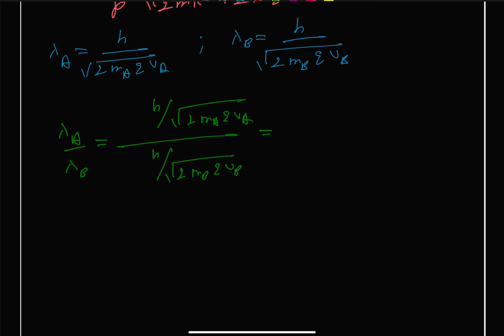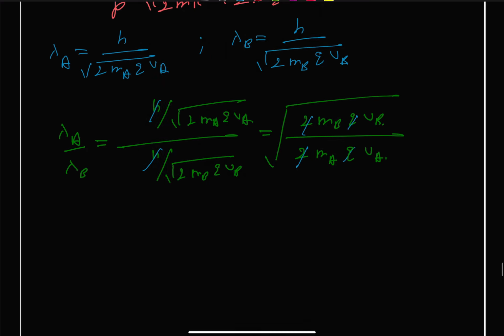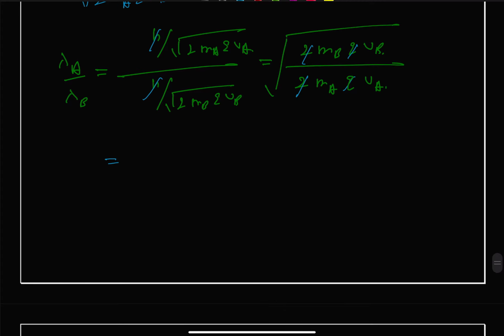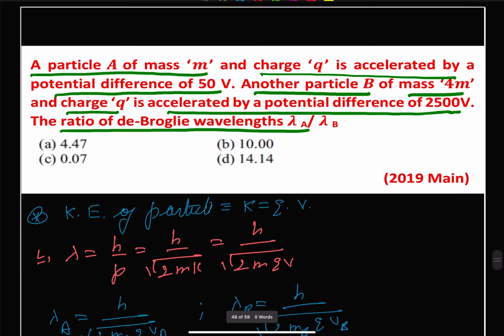Here we can just cancel h and h, and this will be equal to the square root of 2 mb q Vb upon 2 ma q Va. The 2 and 2, q and q cancel out, and mb is given to us as 4m.